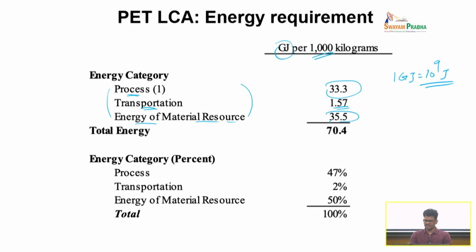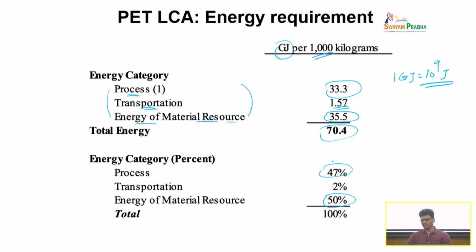To make PET resin you need raw materials, natural gas and crude oil, but they themselves have to be mined. They are not available on the surface of the earth, so they have to be extracted. There is energy involved in the procurement of those raw materials, and that's what energy of material resources means.